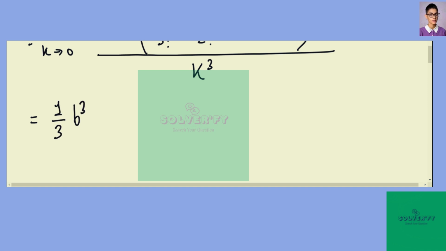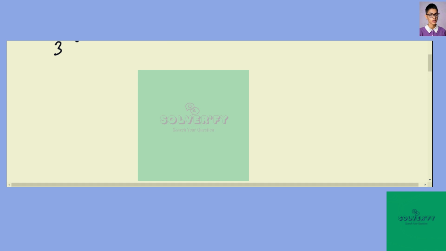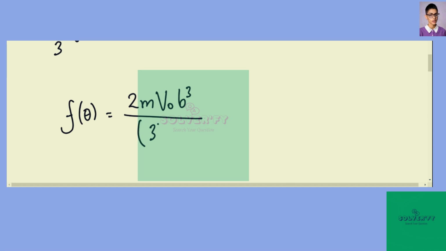to the 3. Thus, the function that we are given can be written out as 2 times the mass m times the potential b sub 0 times b to the 3 divided by 3 times h bar to the square.